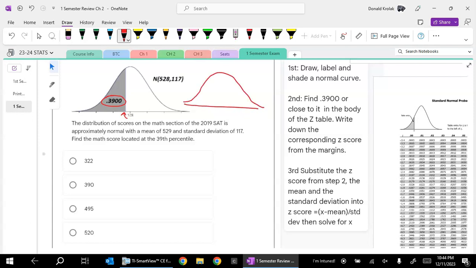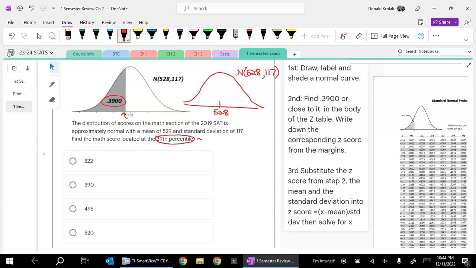So I gave you the drawing, but you'll have to provide it on the test. Okay, and you're told this is 528. It's a normal curve, 528, and the standard deviation 117. Okay, and the question's asking, find the math score located at the 39th percentile.